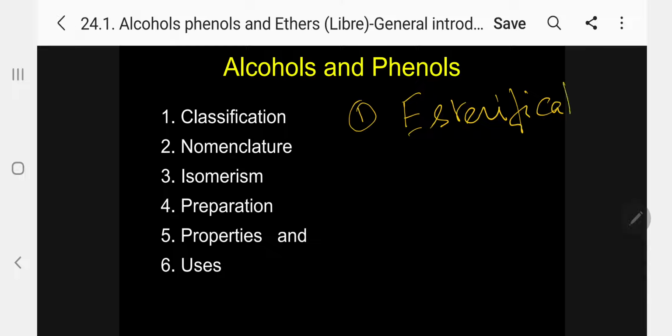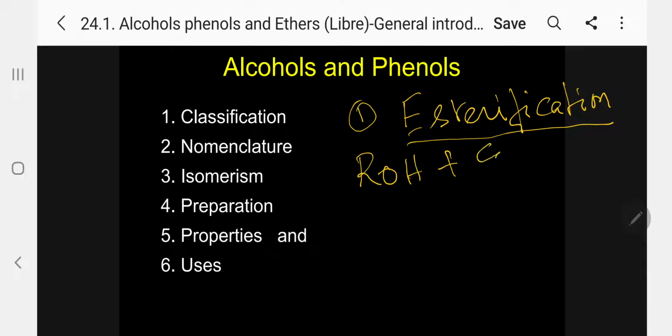Kindly follow. What is the esterification test? Any alcohol you treat with an aromatic acid like benzoic acid in presence of concentrated sulfuric acid, heat strongly, and after heating take one drop of this solution and add it to a beaker containing water.